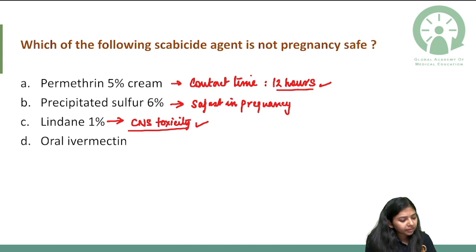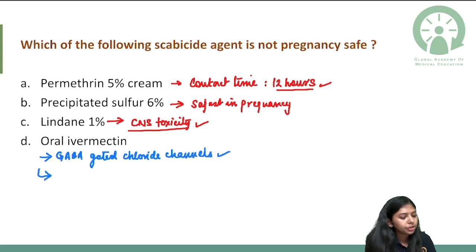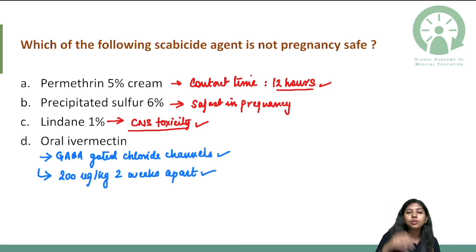And oral ivermectin, few points that you'll remember is it acts on GABA gated chloride channels. What is the dose? 200 microgram per kg, 2 weeks apart. Okay, this is what the standard dosing is, 200 microgram per kg, 2 weeks apart.